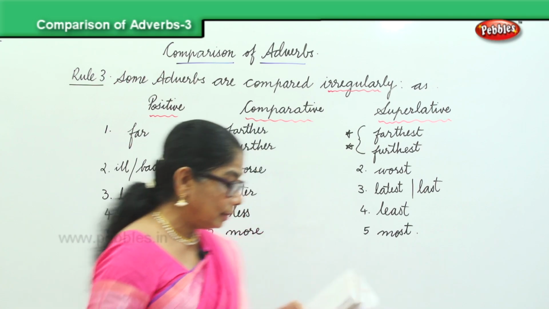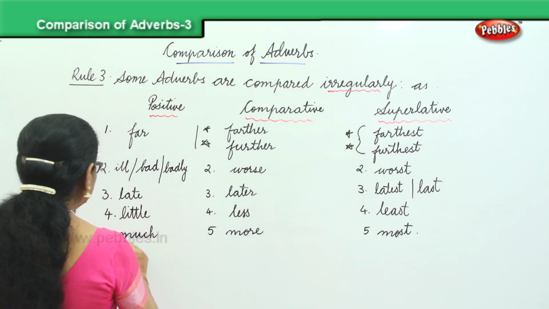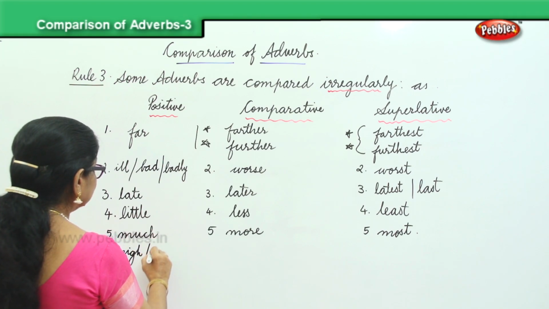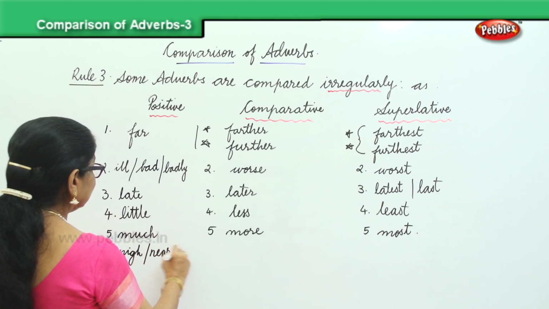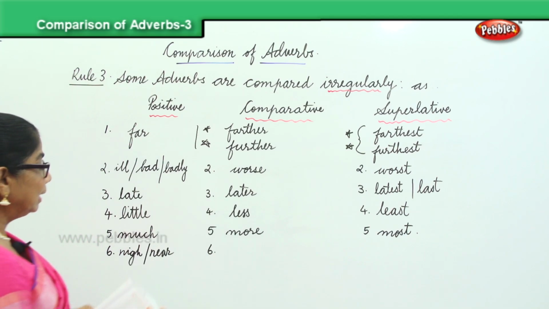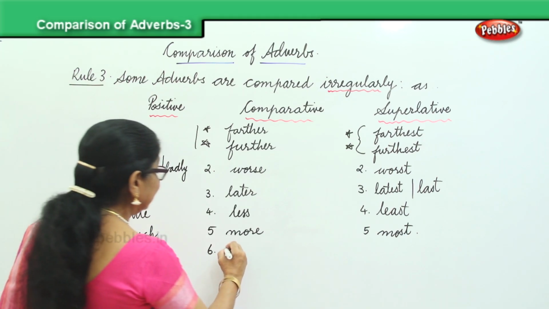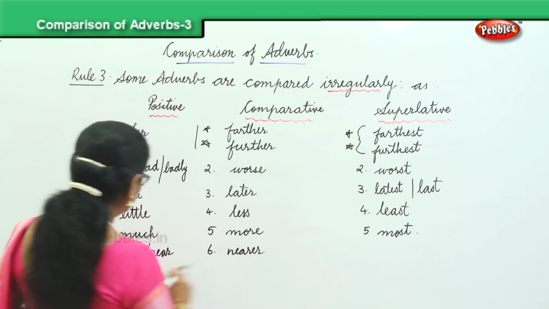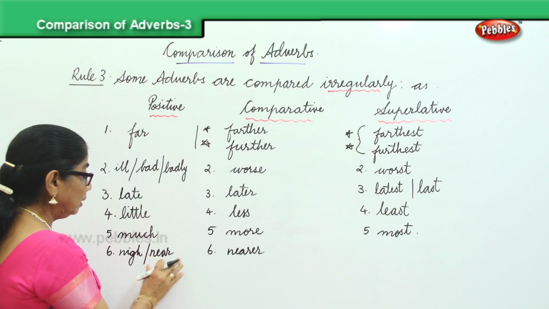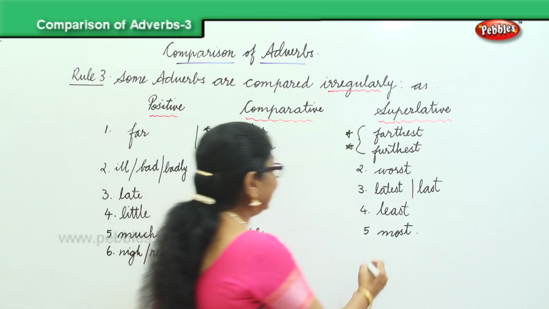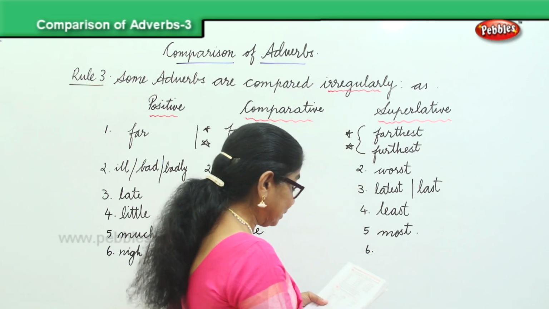Next word we have here is nigh, means near. Nigh or near. In nigh or near, the comparative is nearer. Near, nearer. Nigh also nearer. For both these words, the comparative is nearer and then superlative nearest.